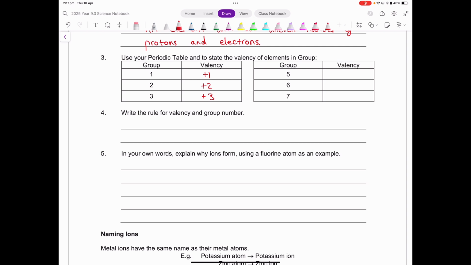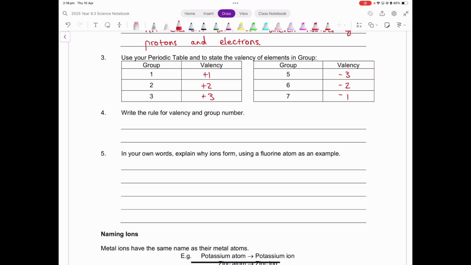In group 5, it becomes -3, -2 in group 6, and finally -1 in group 7. Now, when we talk about group 4, it was +4, -4, because depending on the situation, it can become either positive or negative. It can either gain or lose 4 electrons.